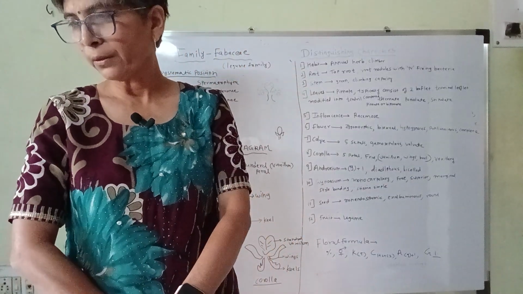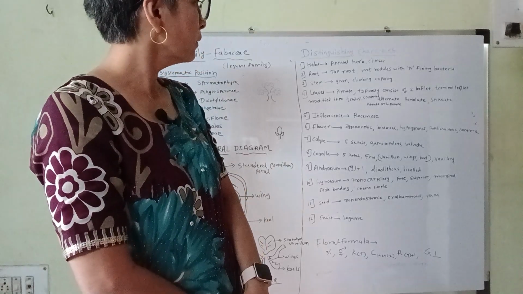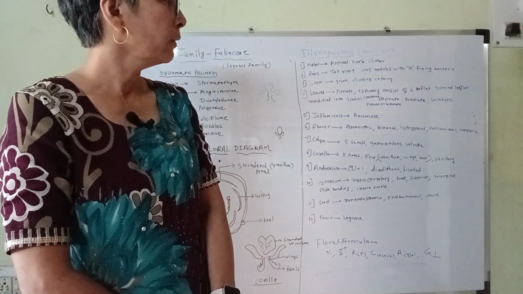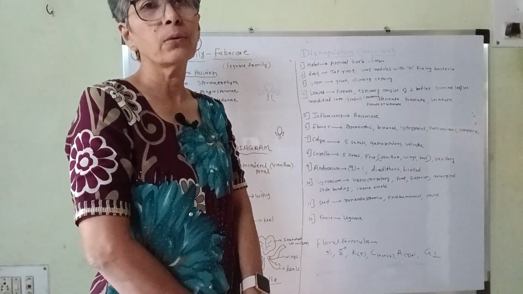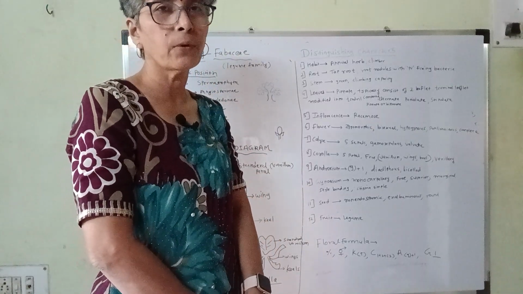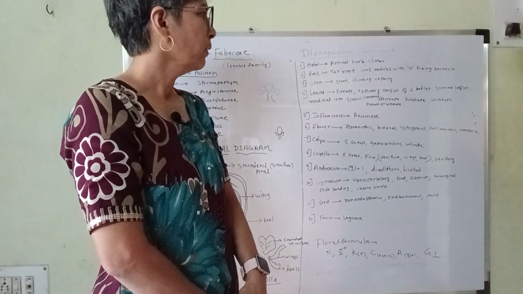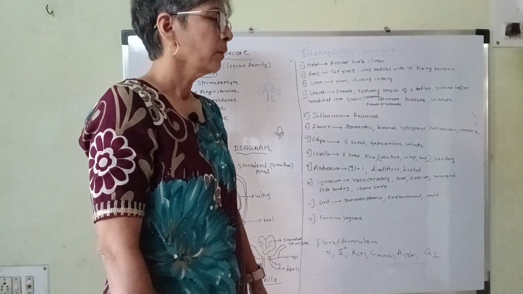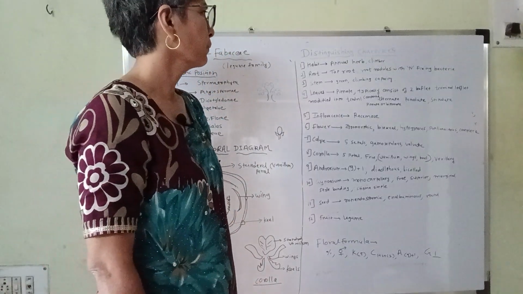The second feature of this family is leaves are pinnate. Terminal leaflet is modified into tendril. Tendril is for support and they are petiolate and stipulate.